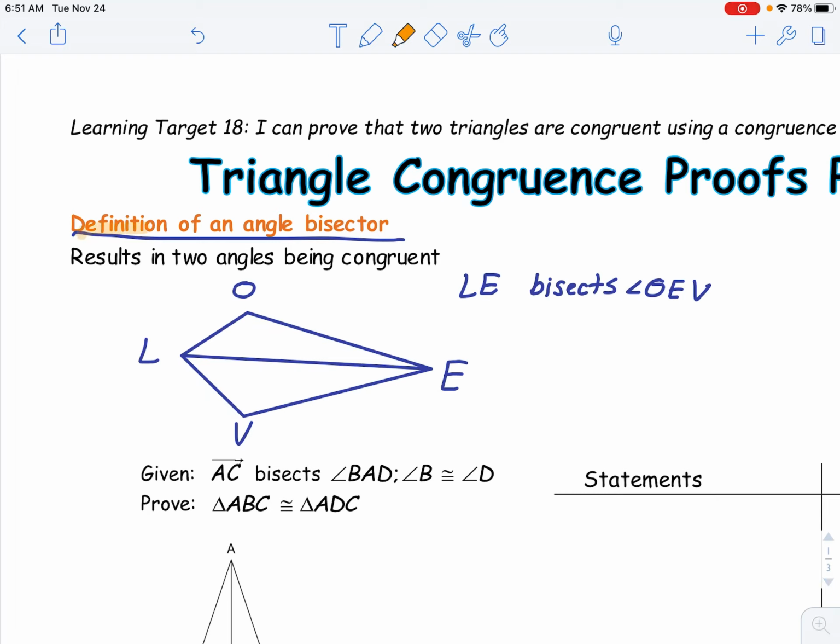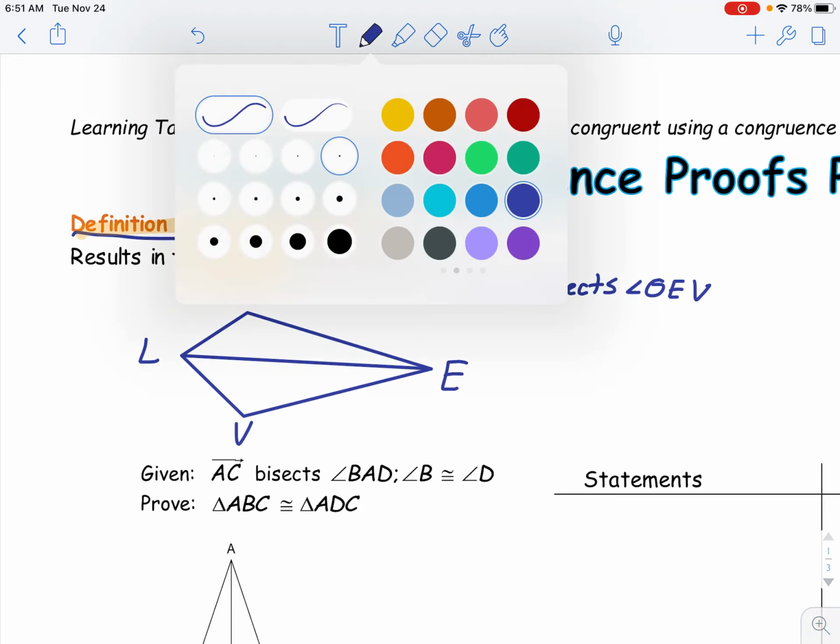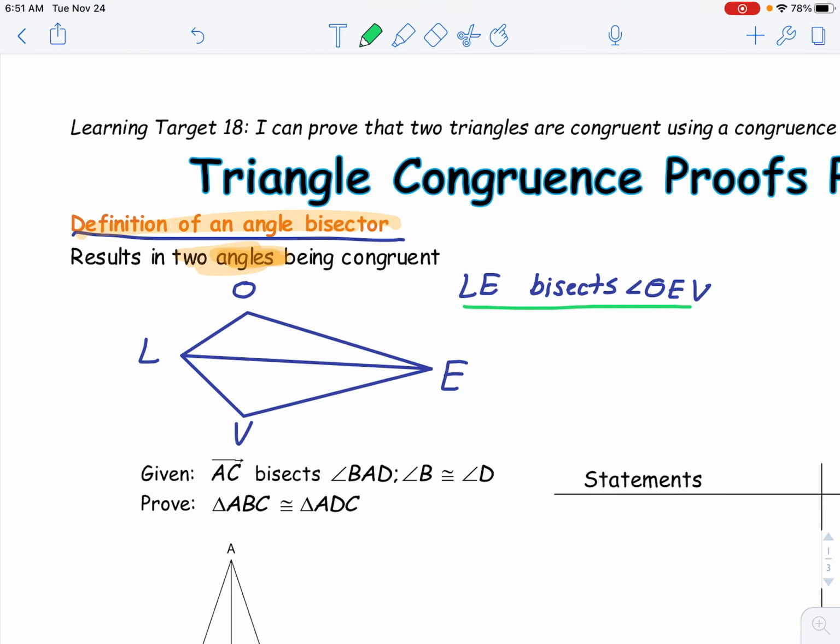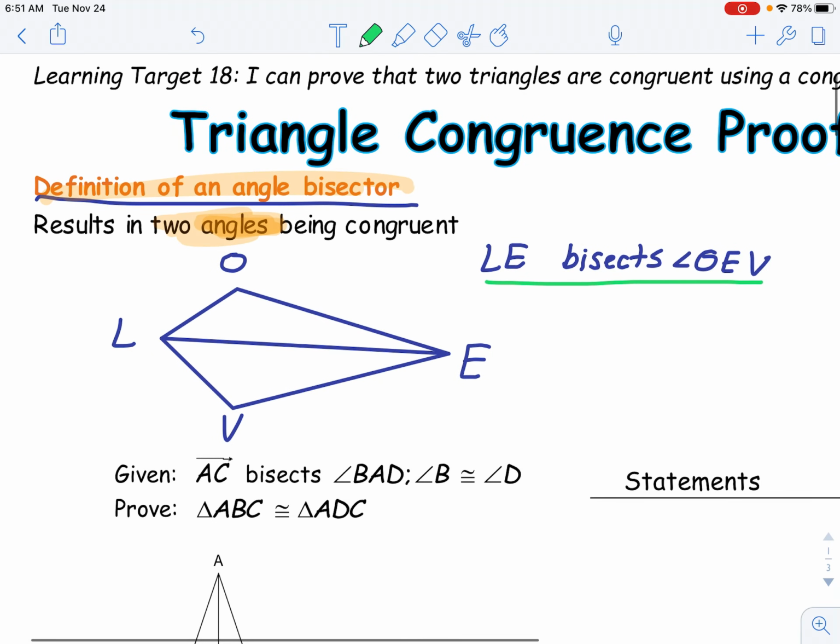All right. So realize that the definition of angle bisector results in 2 angles being congruent. Angles. Students always go to sides for some reason. Nope, an angle bisector creates 2 congruent angles. So if we have this sentence right here, LE bisects OEV, that's saying that this segment bisects this angle. So that's going to force that angle and that angle to be congruent.